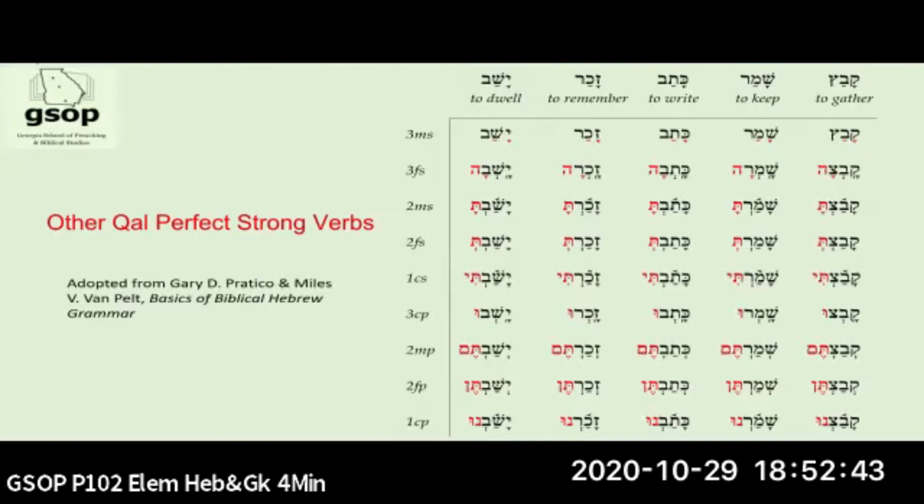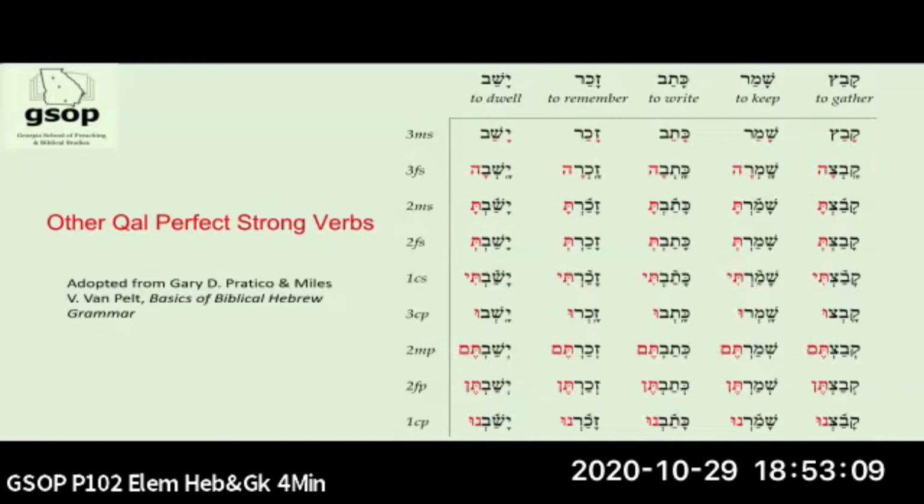Let me point something out real quick here. Notice under the third feminine singular row, the first position, the yod, the zayin, the kaf, the shin, and the kof all have the qamets under it, but it also has a little vertical line next to it. The vertical line there is to tell us that it's not a qamets chatuf, not a chatuf qamets.